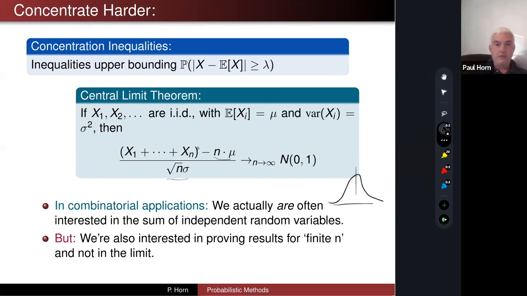Now, applying the central limit theorem directly in combinatorics is a little bit tricky because I have an n variable graph, n is finite, and I'm usually interested in actually understanding finite, although perhaps n large graphs, and so this, as a result in and of itself, isn't that useful, but there are finitary versions of it.